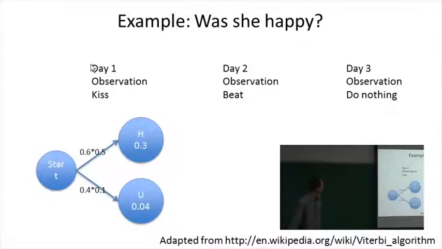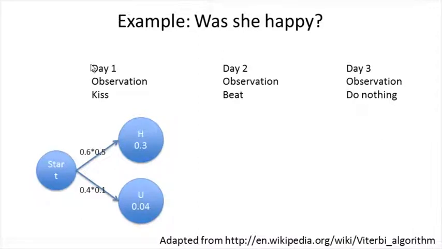On the first day, the probability of being happy is 0.6, and if she's happy, the probability she kisses you is 0.5. So the probability that she's happy on the first day and kisses you on the first night is 0.3. And similarly for the unhappy state.